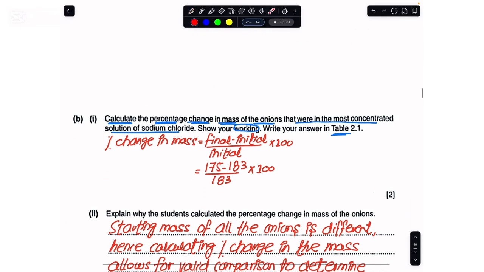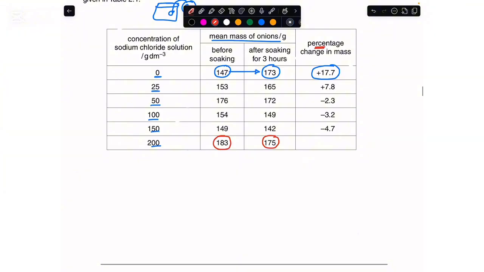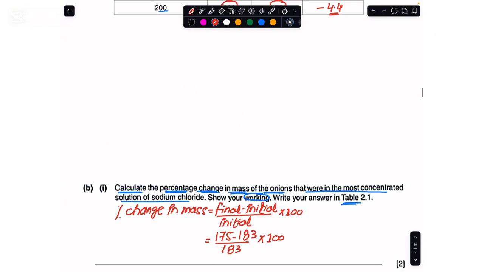So the final is 175, the initial is 183, I take the difference of these two values, divide by the initial mass, and multiply by 100. This comes to be minus 4.4. So now we are writing it in the table.